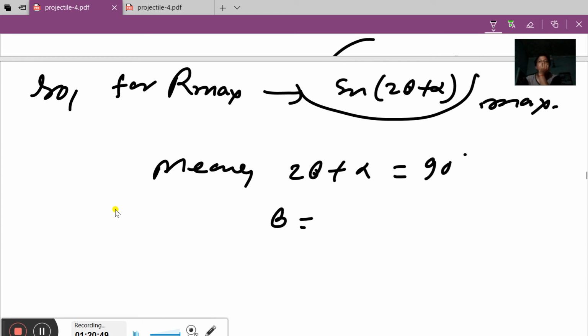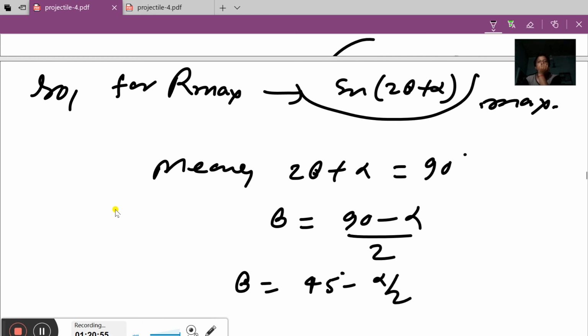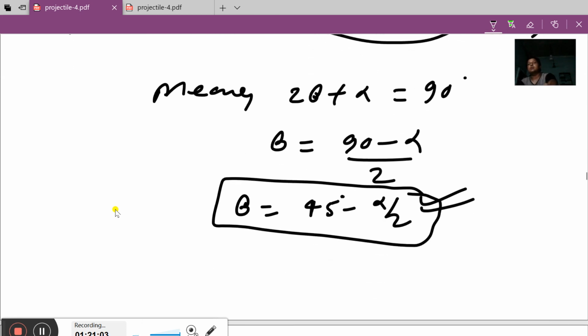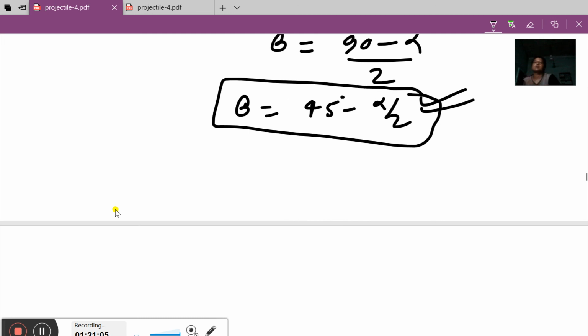So theta is 90 minus alpha over 2. Theta is 45 degrees minus alpha by 2. This is the required condition for maximum range.